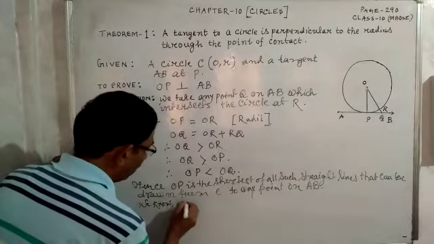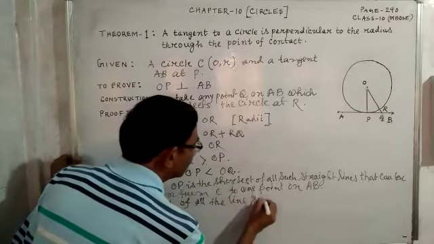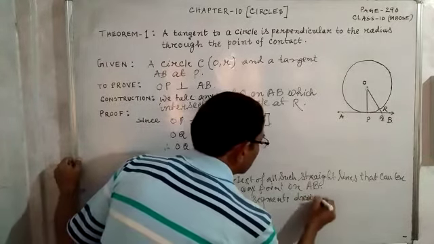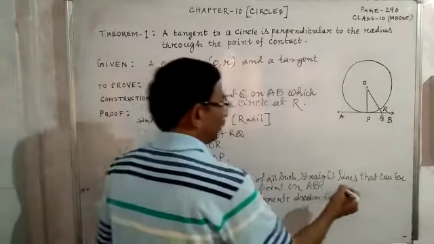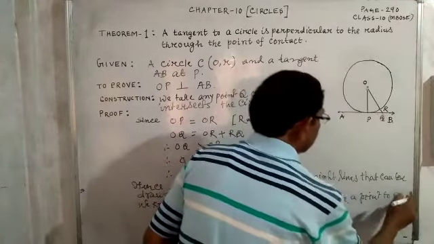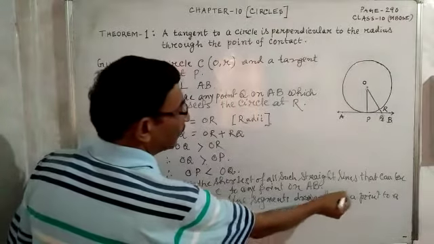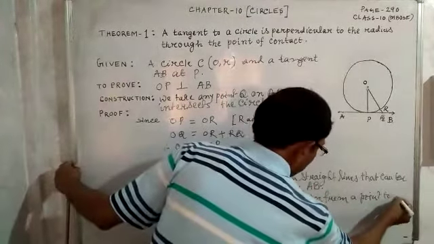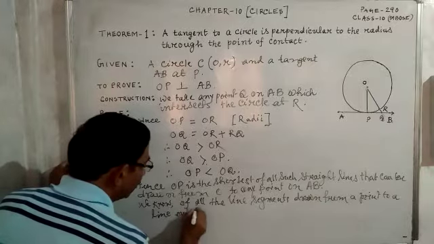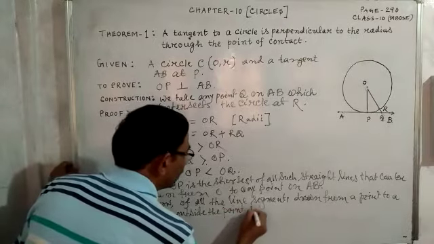We know of all the line segments drawn from a point to a straight line at any point, so we can write here, of all the line segments drawn from a point to a line outside the point, the perpendicular is the shortest.